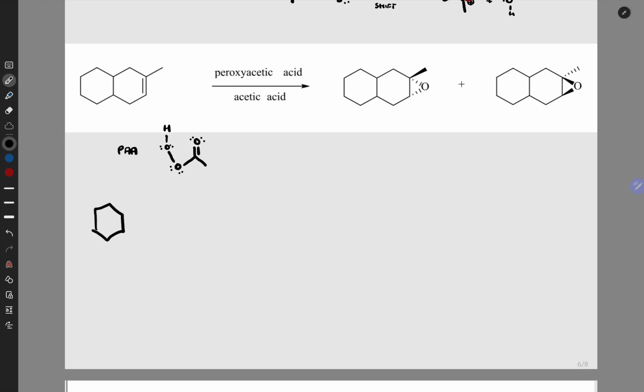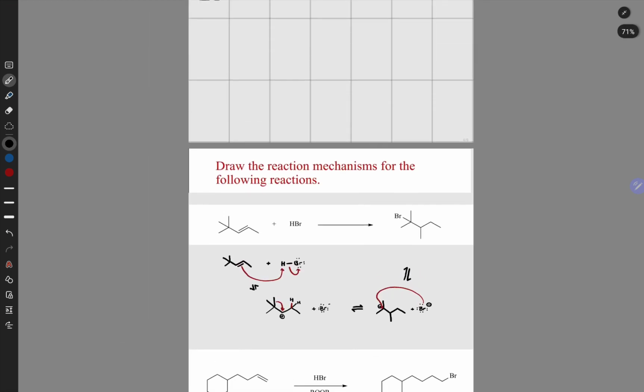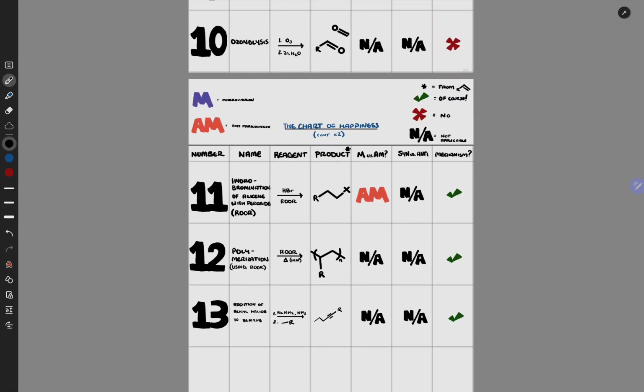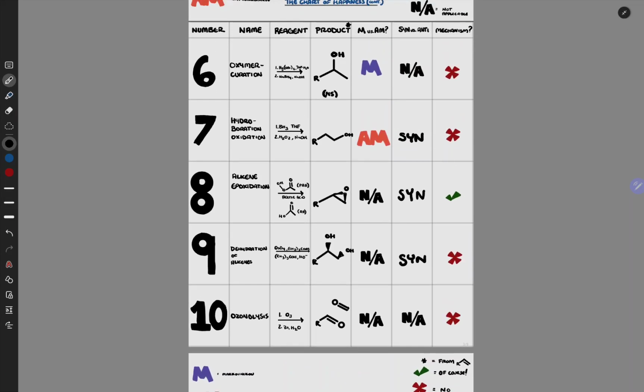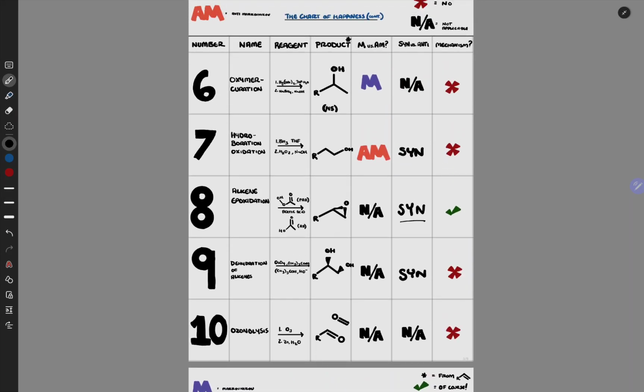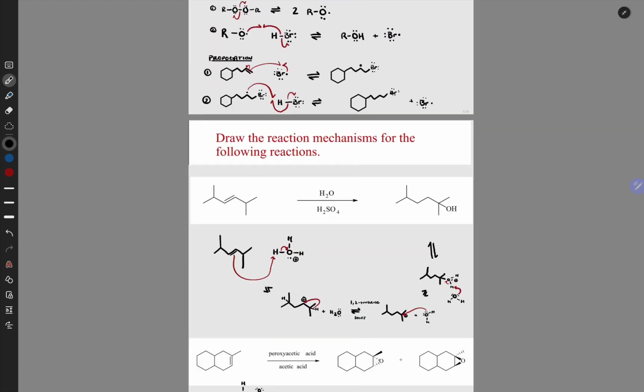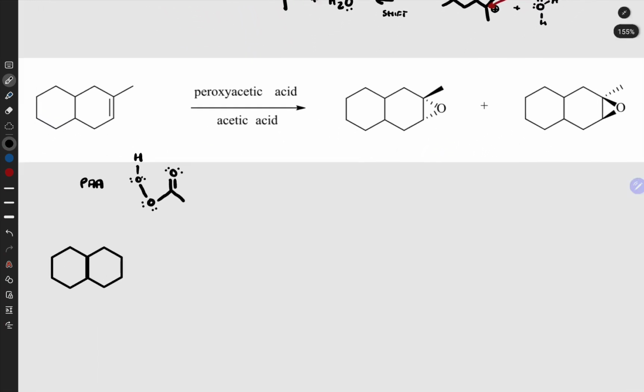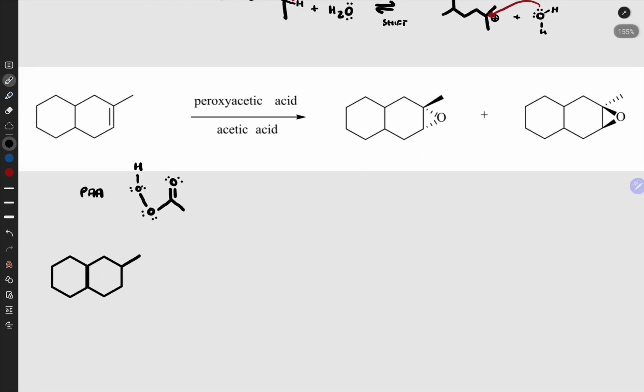All right. So remember that this reaction has specifications, and we can go look back at our chart. So the peroxyacetic acid was over here. It is syn addition. So let's make sure that we remember that with syn addition. We have this molecule right here.